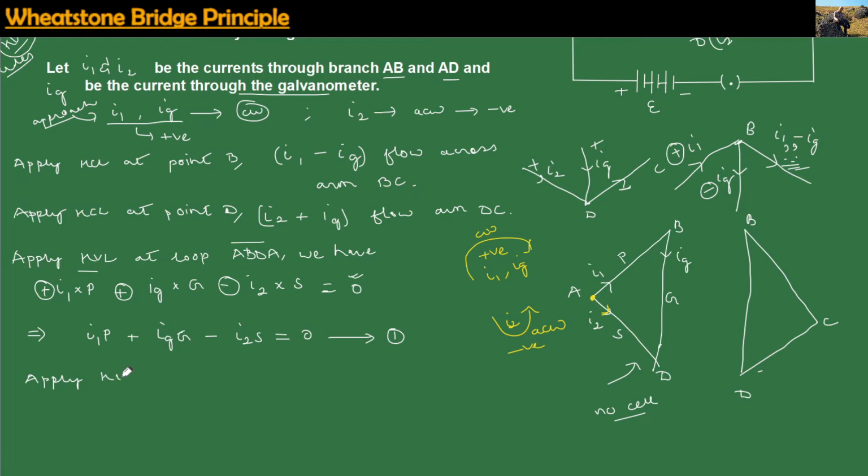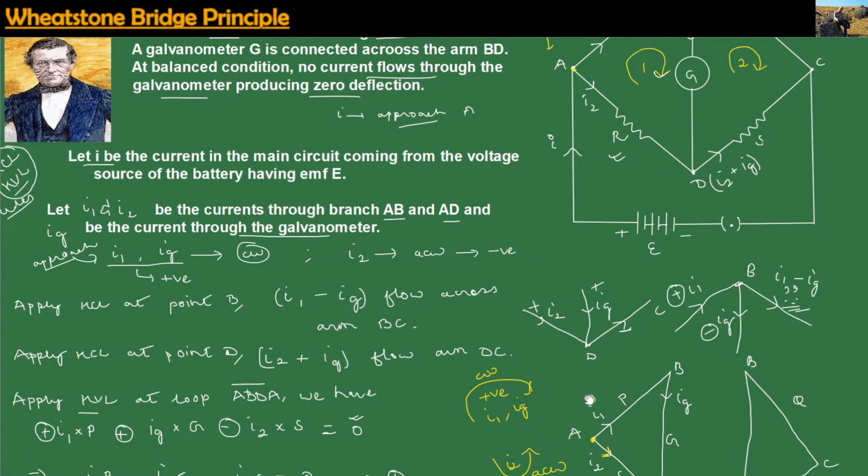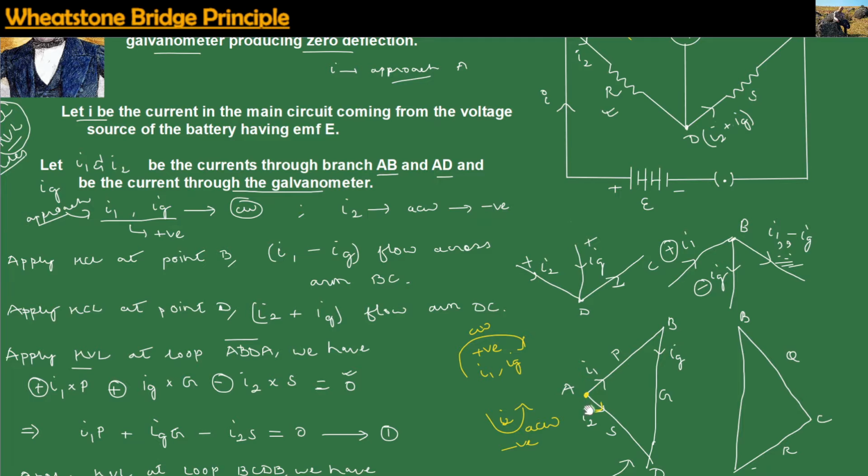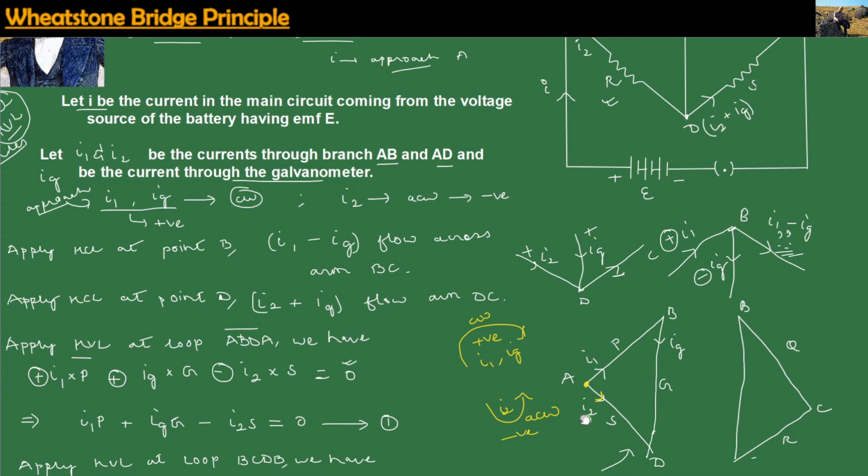Applying KVL at loop BCDB, on this loop BCDB we have resistor Q, resistor R. Oh, wait, there's some mistake over here.